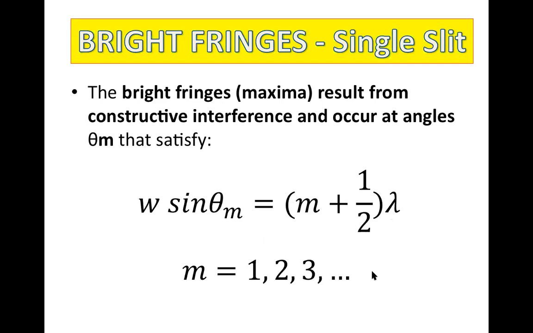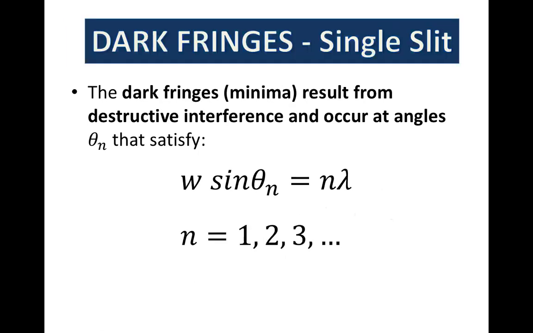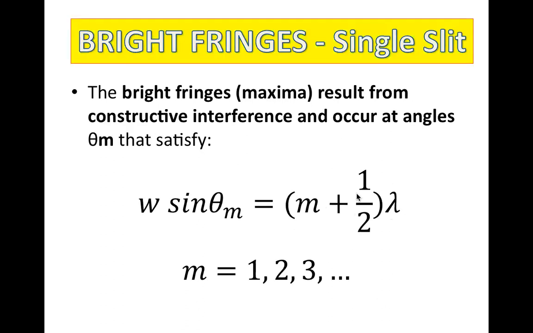So once again, you have to know how the bright fringe equation varies from the dark fringe equation, not by memorizing, but just by identifying that they're different. This piece over here, because of the fractions of a wavelength. So the dark fringes come from half a wavelength intervals. And you might wonder, then why do you see the 1/2 in this equation?